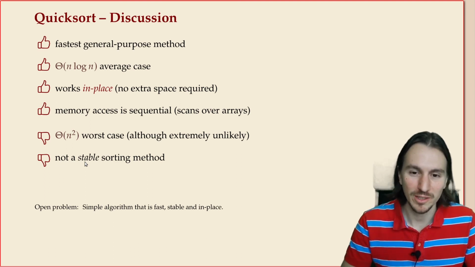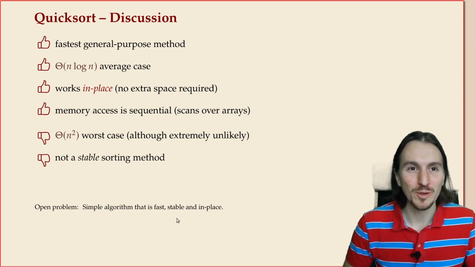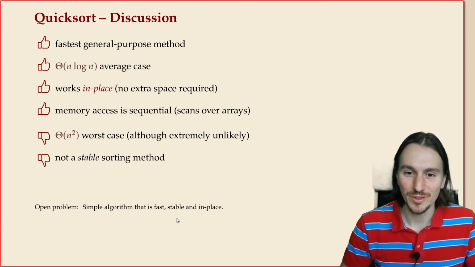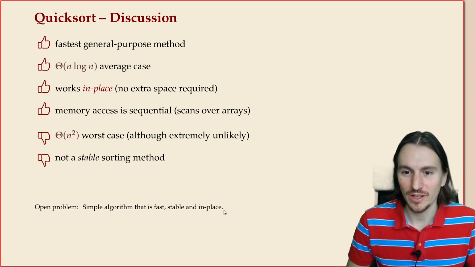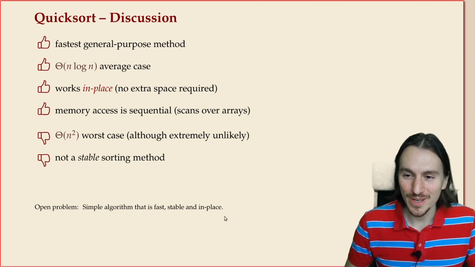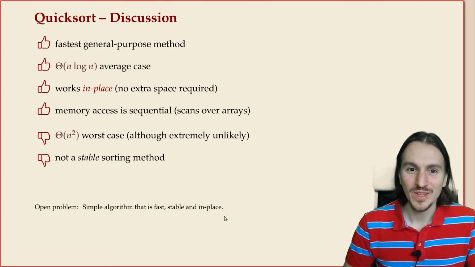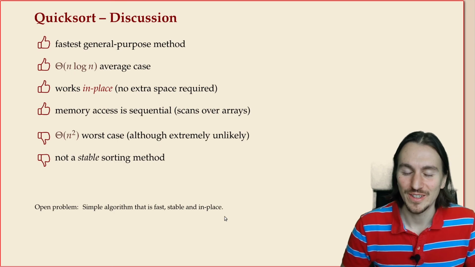If not, take Quicksort because it's faster. And this is another fundamental open problem in sorting: find a simple algorithm that is fast in practice, sorts stably, and works in place. If you leave out any of the three, there are solutions known, but combining all three, no one has really convincingly done so far.